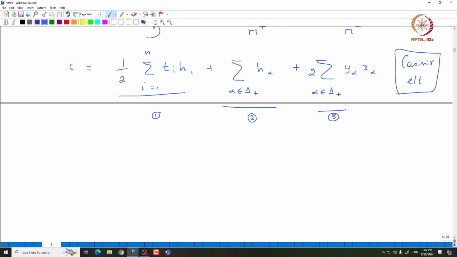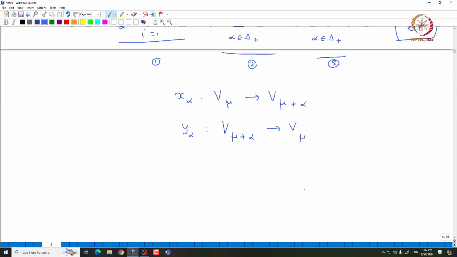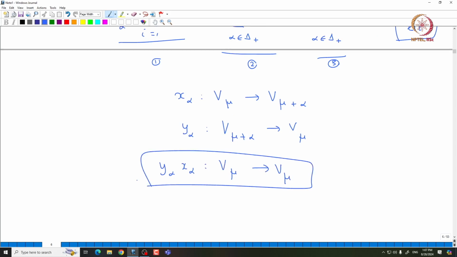Since V_μ is the μ-th weight space, the elements of the Cartan subalgebra h will leave it invariant, and here we have y_α x_α. So x_α is going to map V_μ to V_(μ+α), and then y_α is going to map V_(μ+α) back to V_μ. Put together, y_α x_α maps V_μ to V_μ, so one can talk about the trace of this operator acting on V_μ.